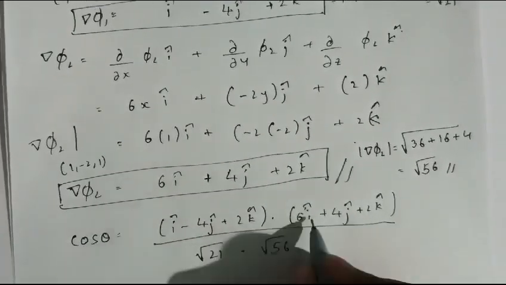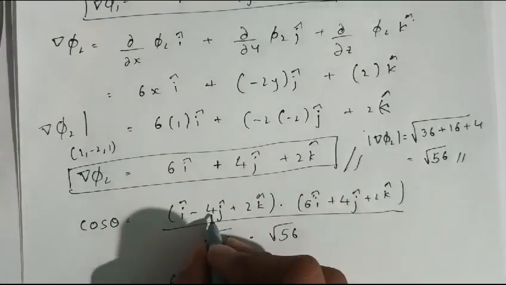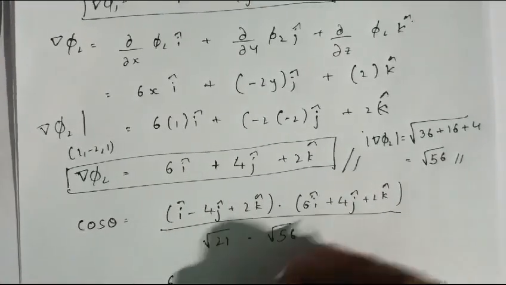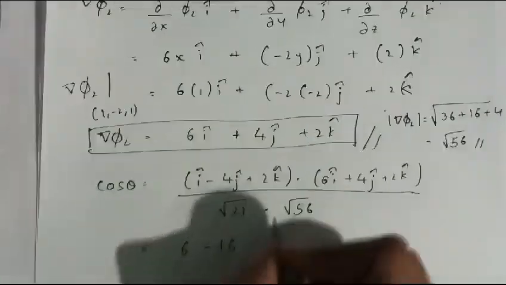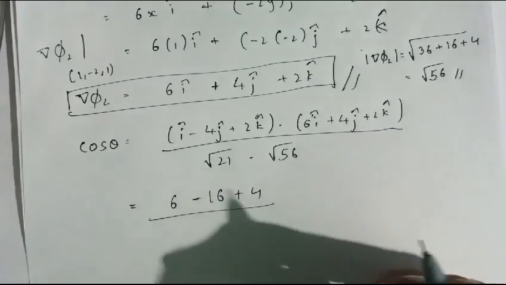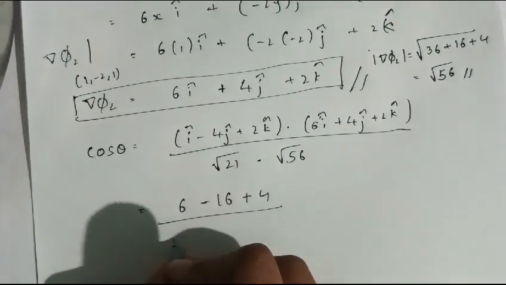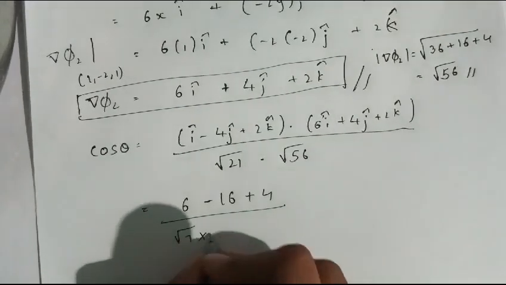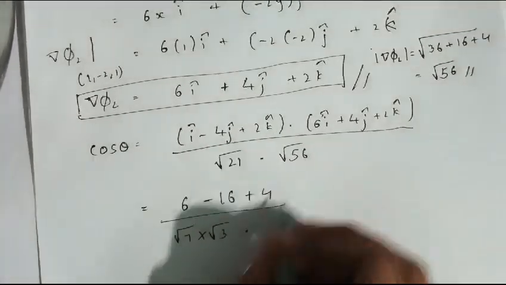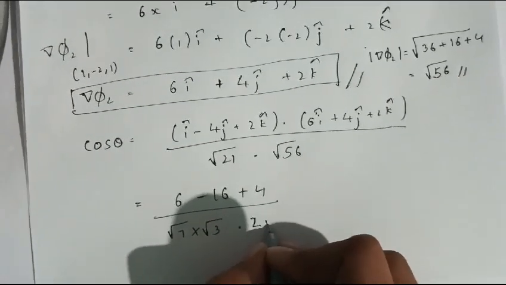The dot product: i coefficient 6 into 1 is 6, minus 4 into plus 4 is minus 16, and 2 into 2 is 4, divided by root 21 into root 56. Root 21, I will write as root 7 into root 3, and root 56 can be written as 2 into root 14.